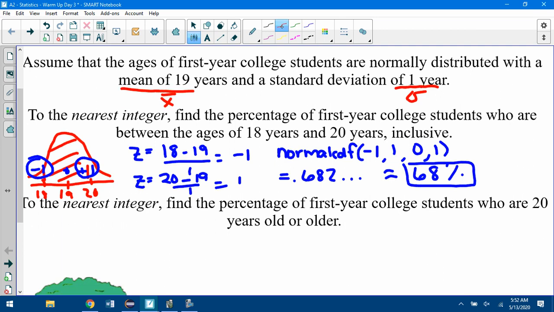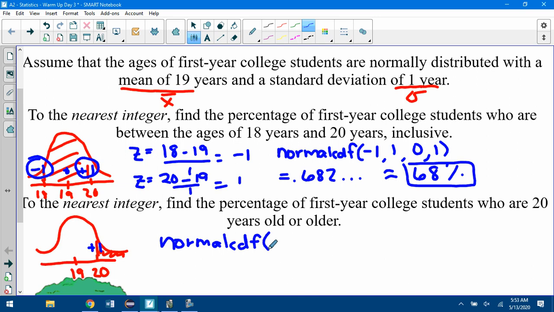Okay, then for part B, to the nearest integer, find the percentage of first-year college students who are 20 years old or older. Same idea. Mean is still 19. This time, though, we're looking for 20 years or older, so I would shade it this way. Now, from our work before, we already know that our z-score is over at 1. So I would do normal CDF. This time, my lower is 1, because that's the lowest shaded.